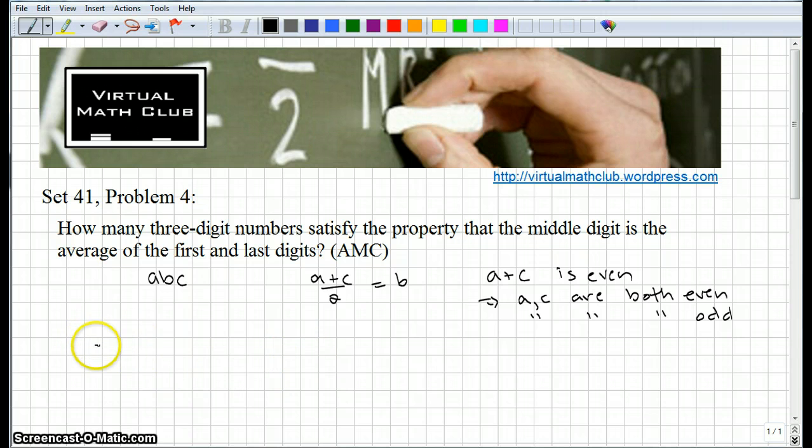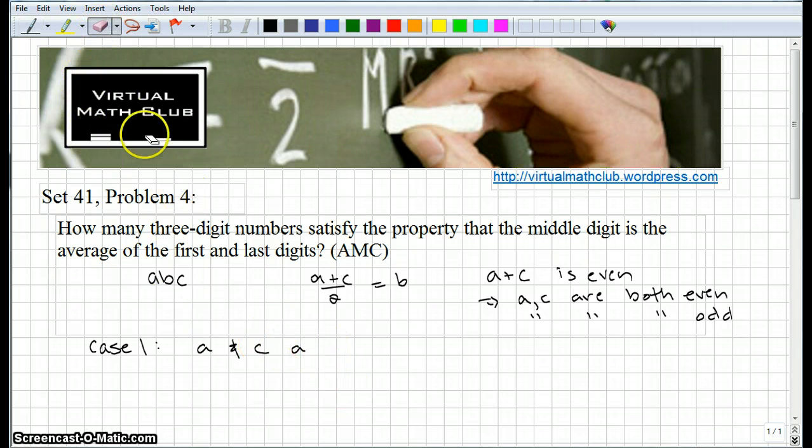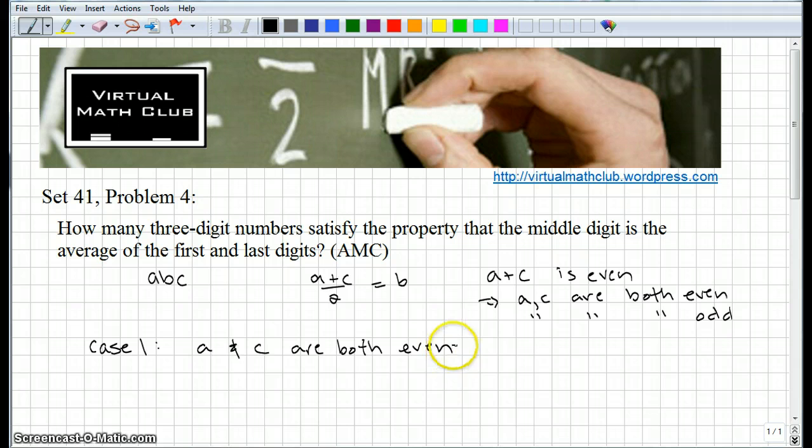So again, I'm going to do casework in this as well. So case 1, let's consider A and C are both even. Okay, so that means they'd have to be 2 or 4 or 6 or 8, right? Those are the even digits that we can use.